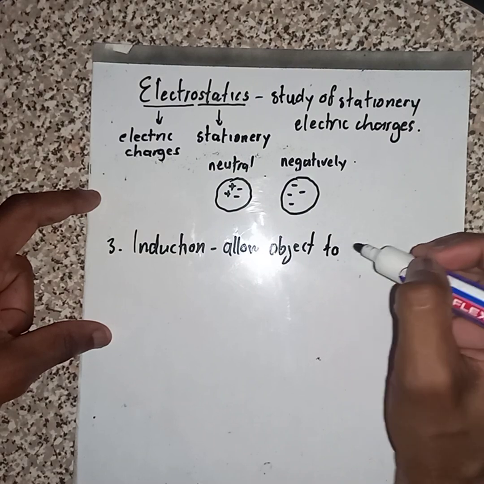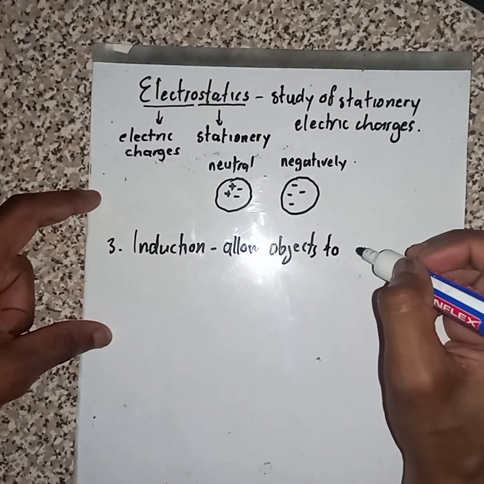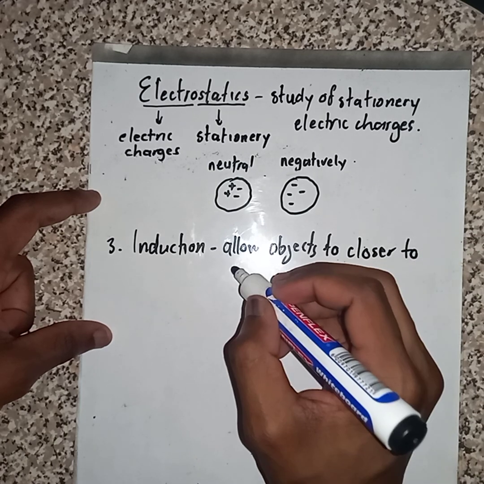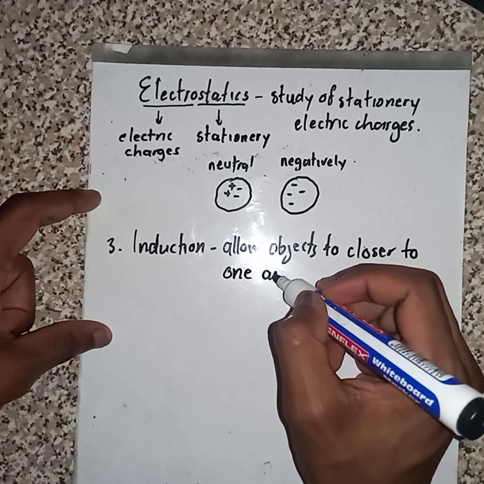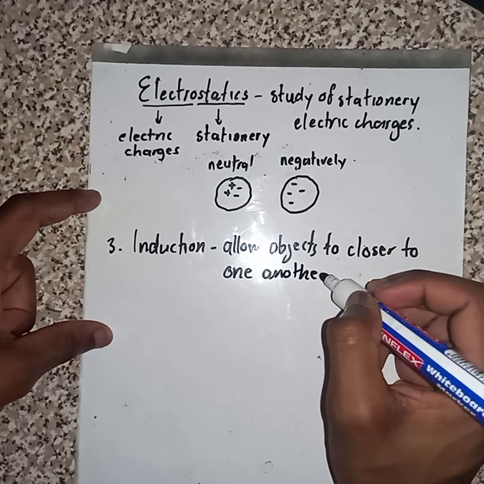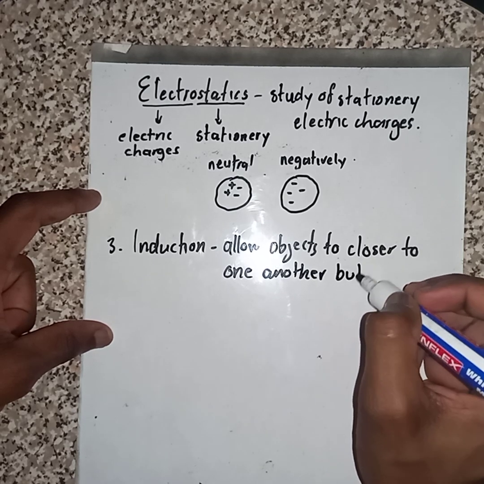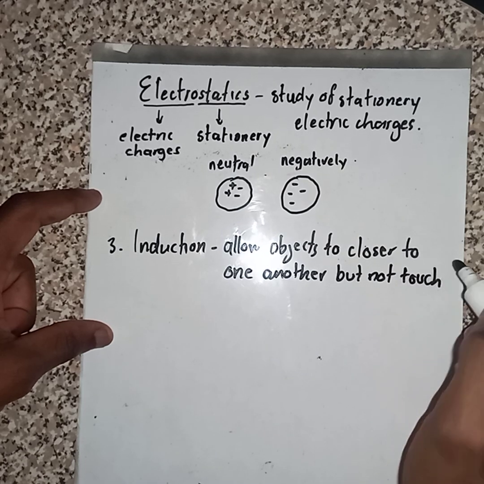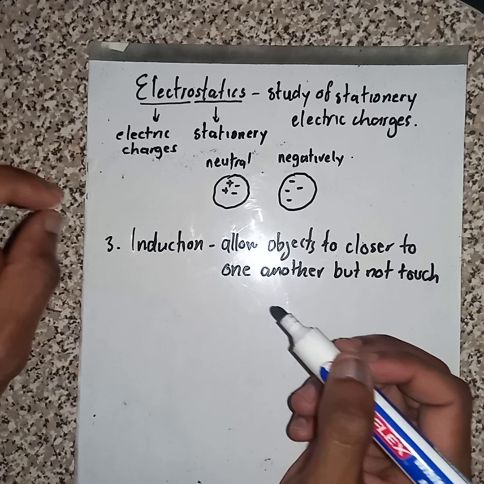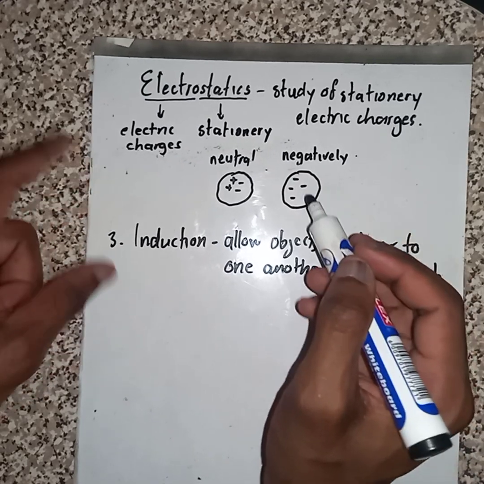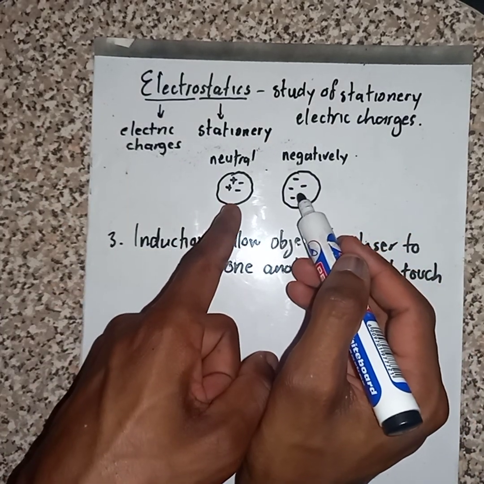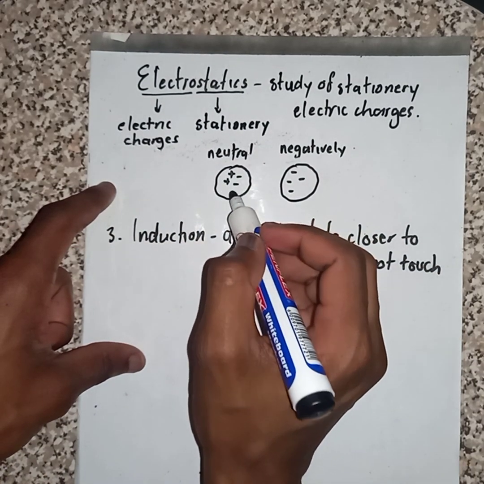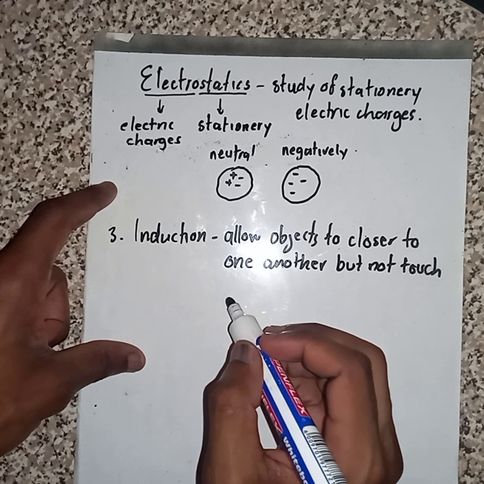For induction, we allow objects to move closer to one another, but not touch. It's like now if we bring closer these two charges, a neutral object with the same protons and electrons, and this one negatively charged.